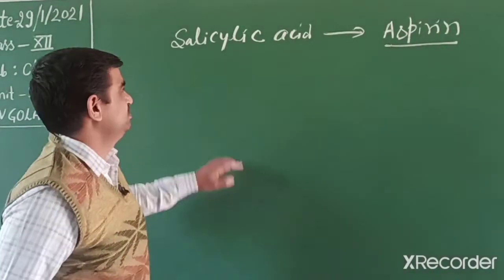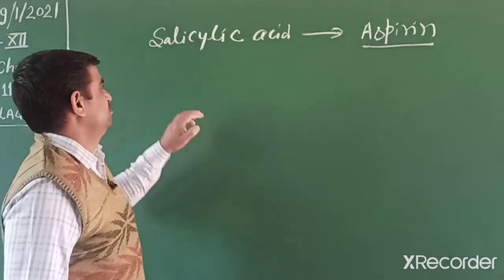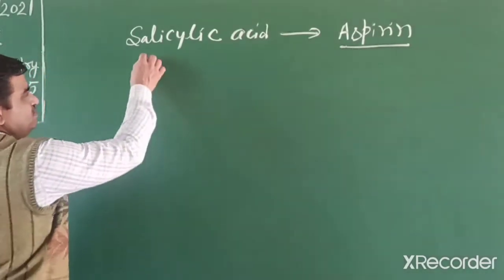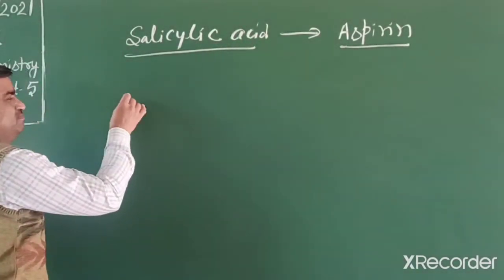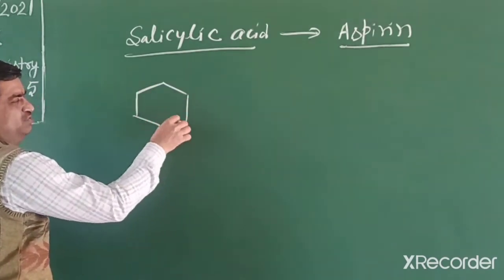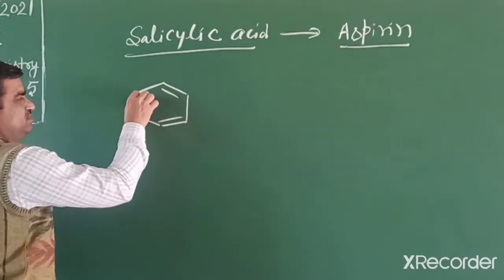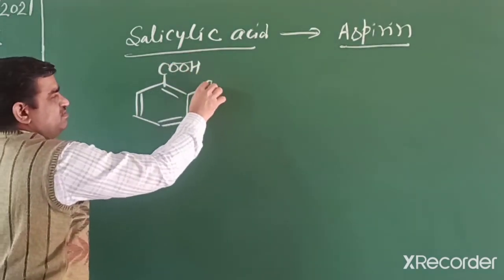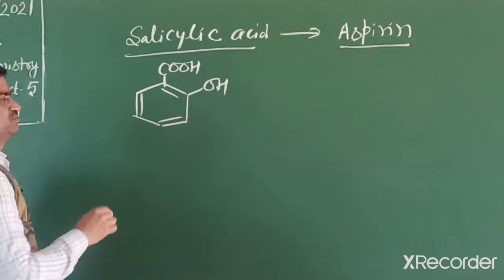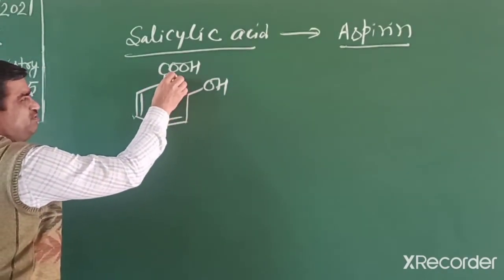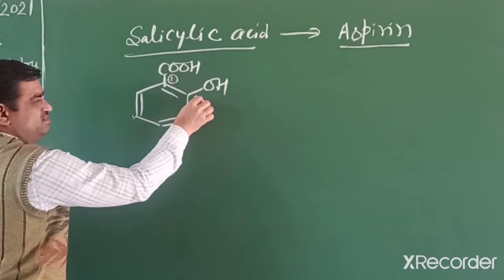First, these are common names. We want to write here the IUPAC name and the structure. Salicylic acid is a compound known as 2-hydroxybenzoic acid, like benzoic acid. 2-hydroxy means 1, 2, we start numbering from the carboxylic acid side.